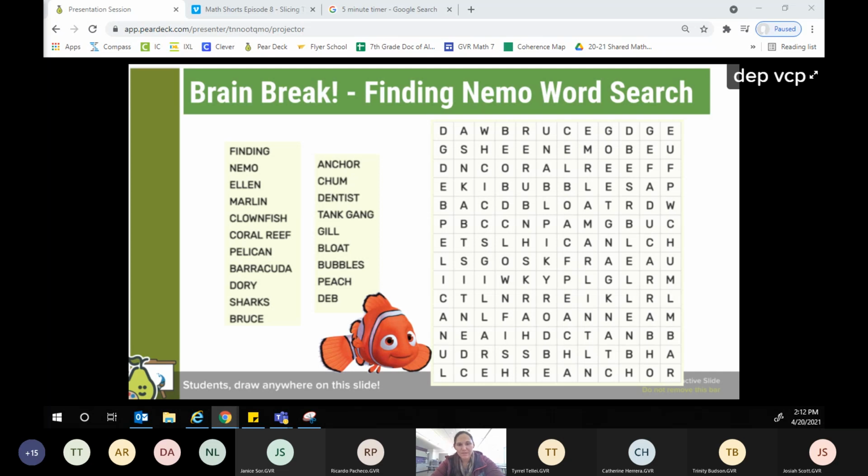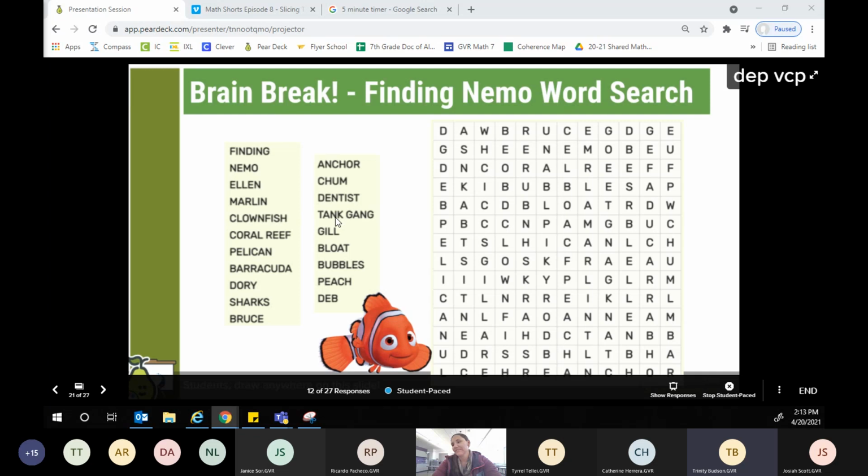Ooh. Rashmi got finding. I don't think anyone's found that one today. Oh, I did. Oh, you did. Yes. Oh, yeah, you did. I see it. Has anyone found Tank Gang? Oh, what? I just found it. Tank Gang. Tank Gang? Yeah, Tank Gang. Have you seen Finding Nemo?